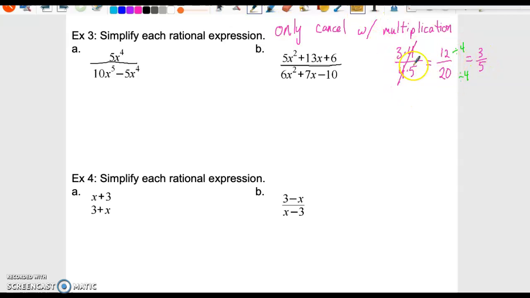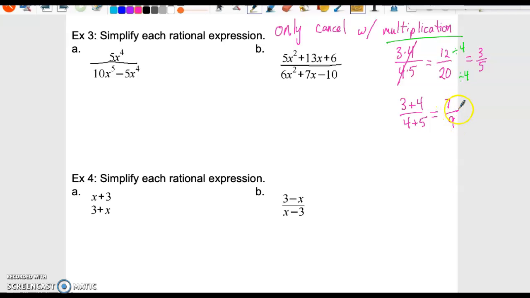Now, this shortcut works with multiplication, because if I were to change that problem real quick to be 3 plus 4 over 4 plus 5, I see a lot of students try to cancel that out. The 4's will cancel, and they'll say the answer is 3/5. That is wrong, because if you actually did 3 plus 4 first, you get 7, and 4 plus 5 next, you get 9.